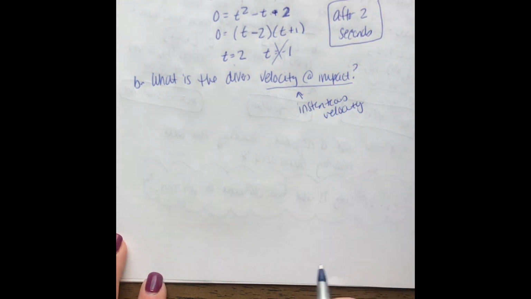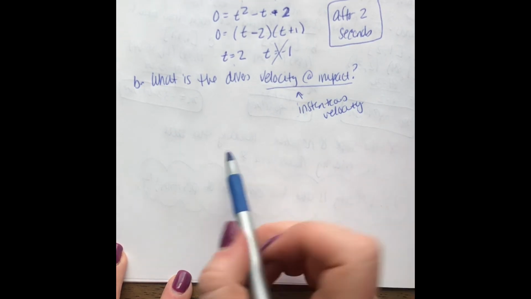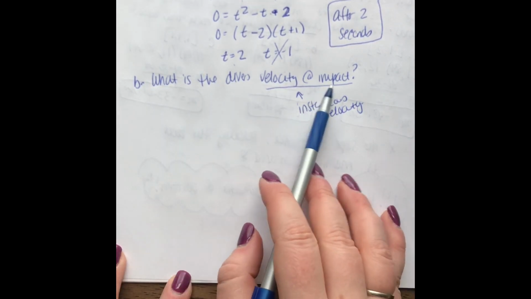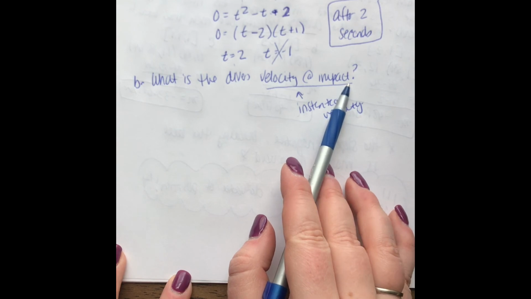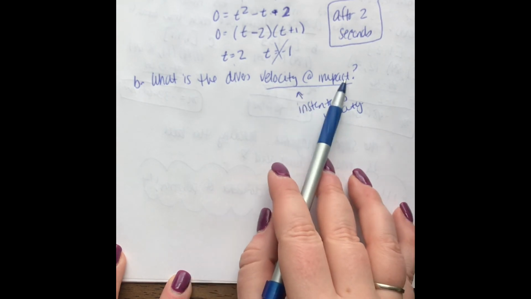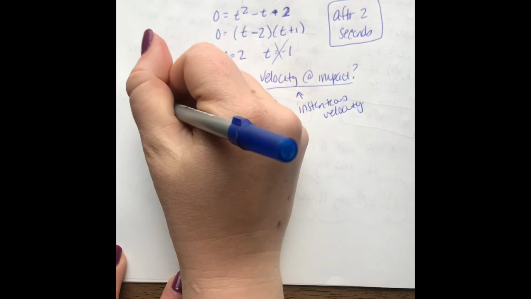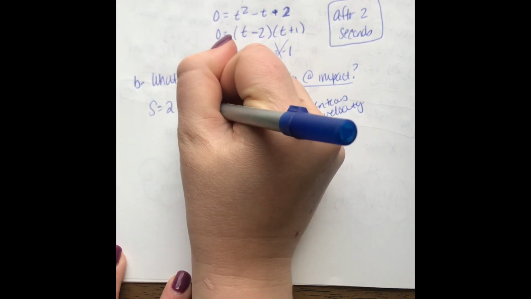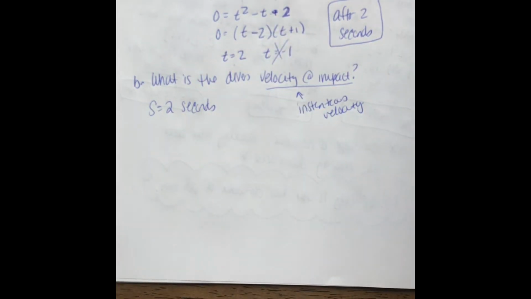Remember, velocity is the first derivative of a function. We know the impact time, t is equal to 2 seconds, because we know it takes the diver 2 seconds to hit the water.